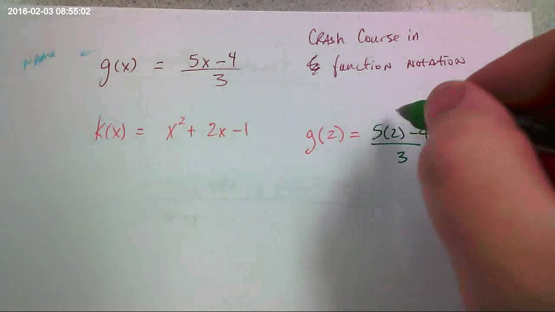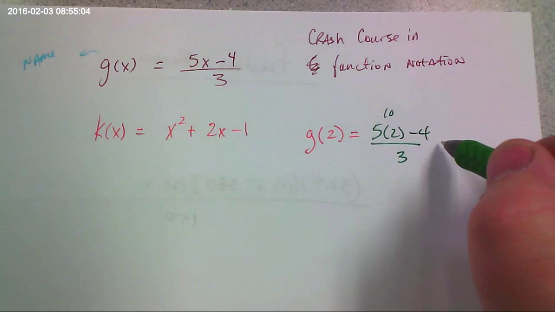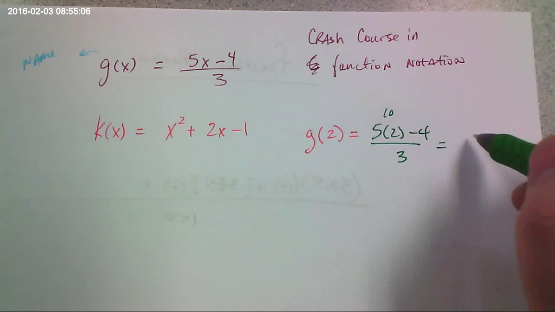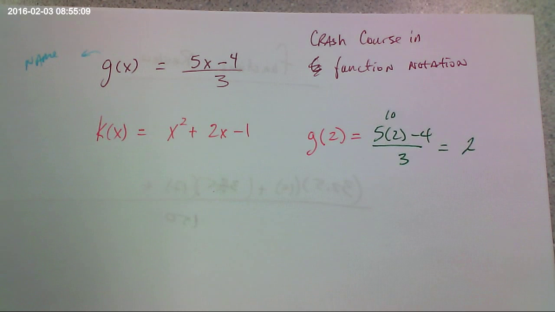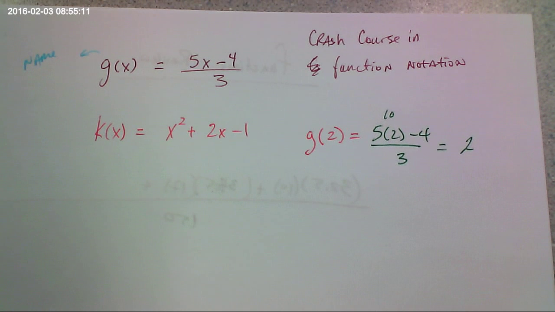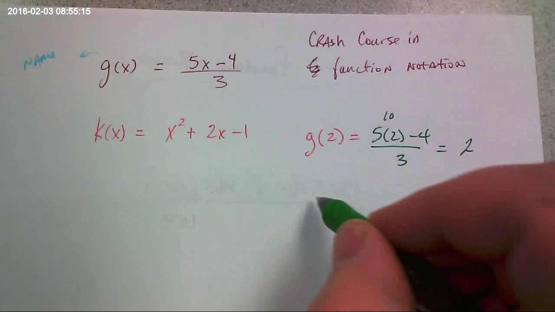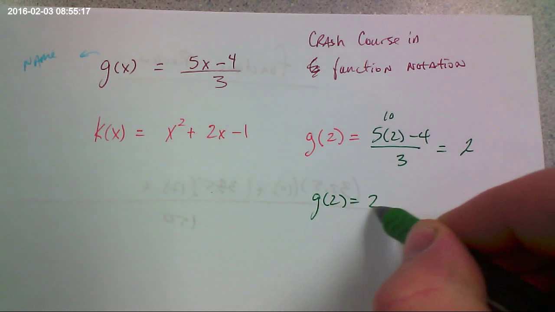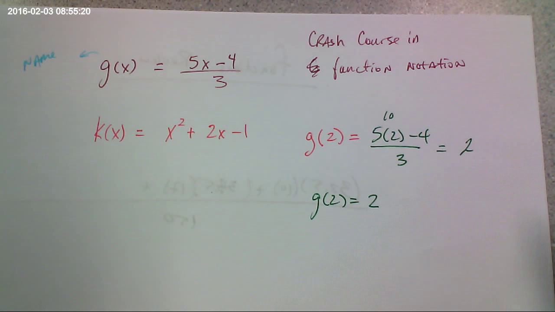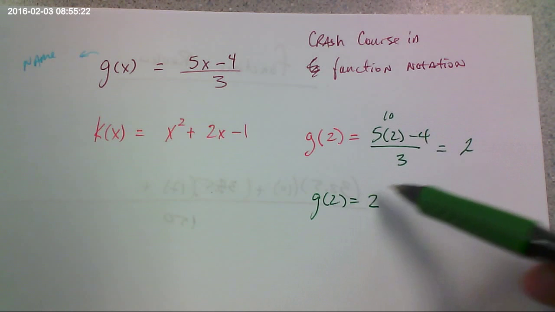So that'd be 10 minus 4 is 6, divided by 3 is 2. Is that correct? Okay. So Sophia, the answer would be g of 2 is 2. That might be confusing. Maybe I should have made up a different number so they weren't the same.